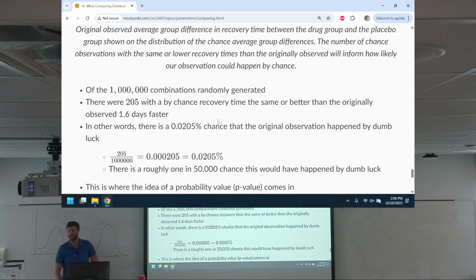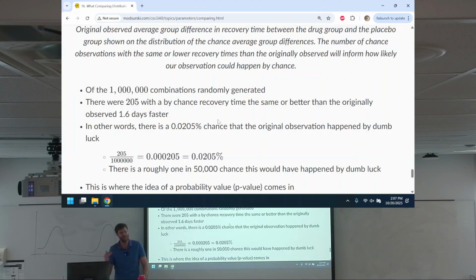If this was real data, there is a 0.02% chance, or 1 in 50,000 chance, this happened by dumb luck. Okay? Meaning, I would be very happy.